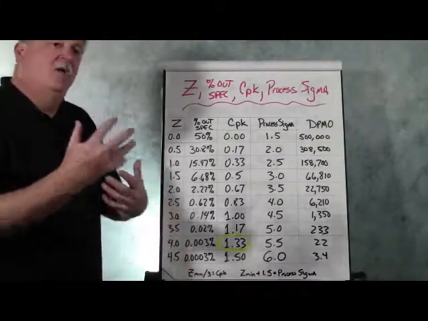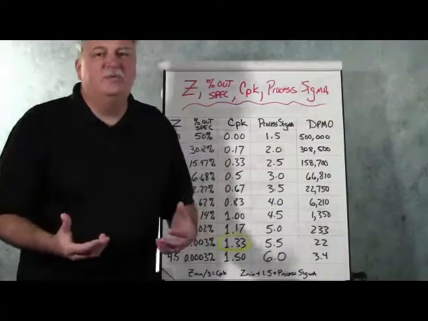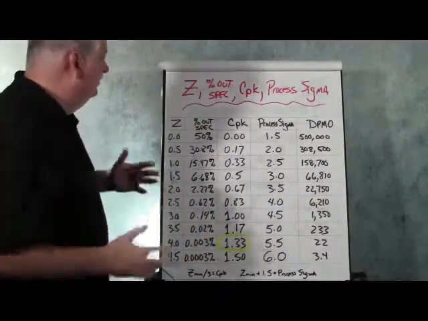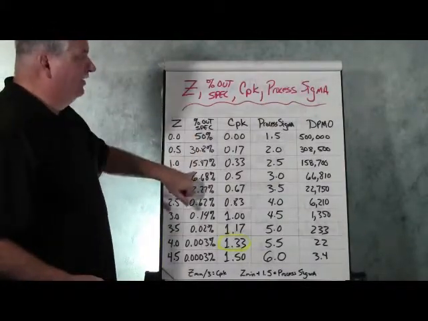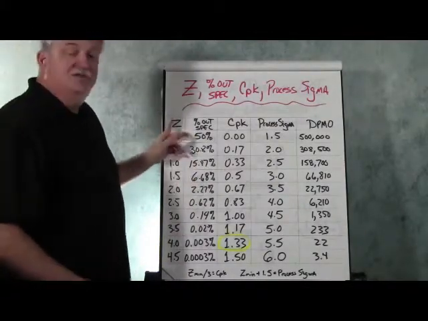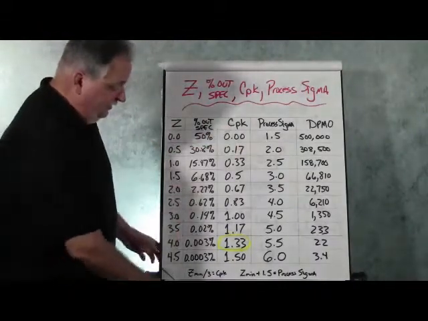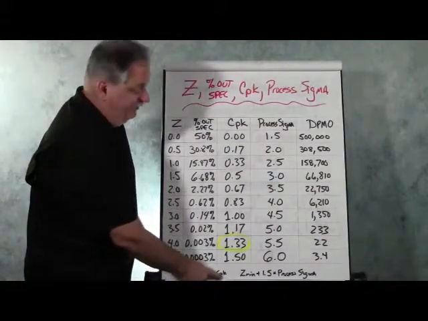All right, so how do we use this to tell us how we're performing? Why is 1.33 such a magic number? Well, if we take a look at the standard normal distribution, we have the z-statistics and the percentage that are out of spec. Now we can take a z-statistic and determine what the CPK is. The z-min value divided by 3 is CPK.